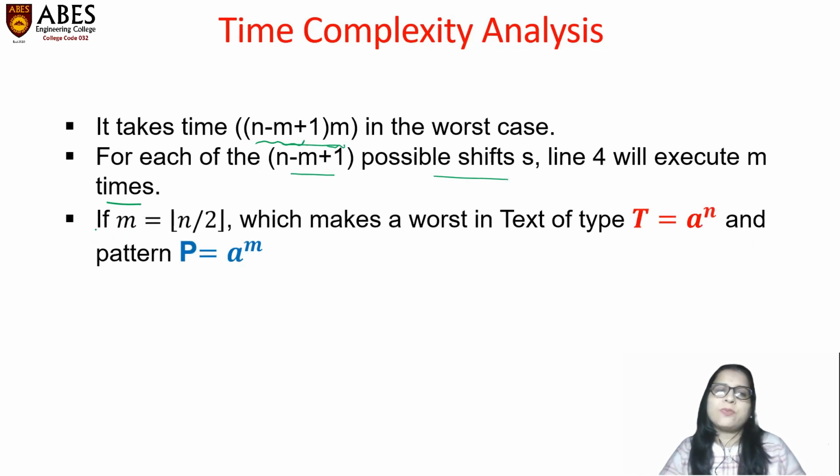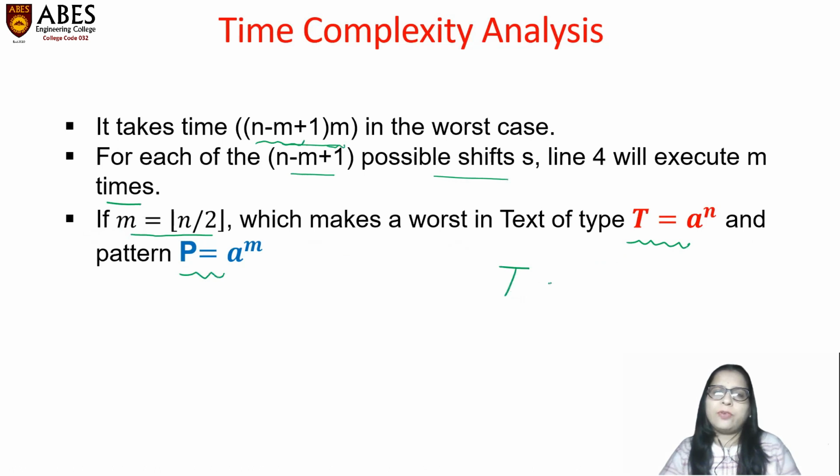And in worst case, we say that pattern length is equal to n by 2. So that makes a worst case, and that will be in a scenario where text is given of this type, and pattern is of this type.